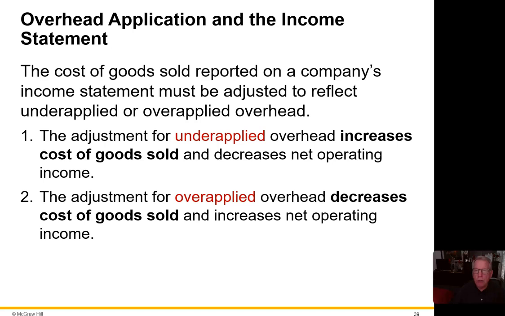So, the cost of goods sold reported on a company's income statement must be adjusted to reflect the under or over applied overhead. If it's under applied, we need to increase cost of goods sold, and that, of course, will decrease your operating income. Just the opposite, if we've over applied overhead, we've applied too much cost to our jobs, we'll decrease cost of goods sold and increase our net operating income.